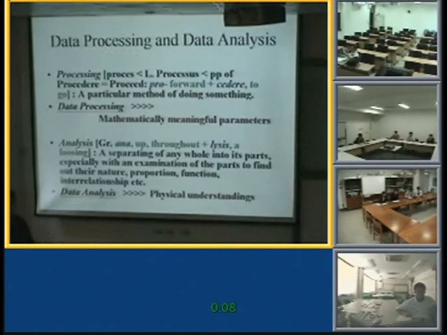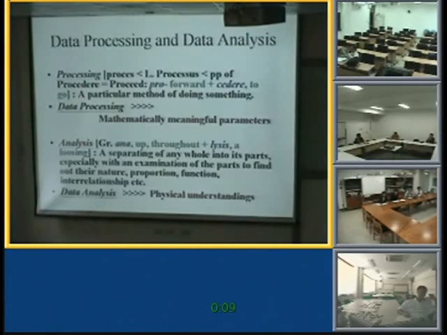In fact, most places, when they teach a course, will probably teach a data processing course rather than analysis. Now, I want to make it very, very clear. This course is an analysis course, not a processing course. To make that clear, I have to present to you the difference between processing and analysis and analyzing.